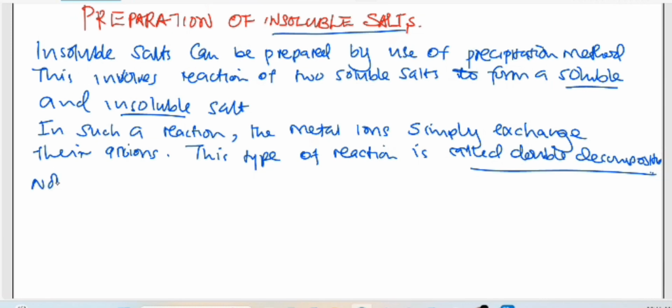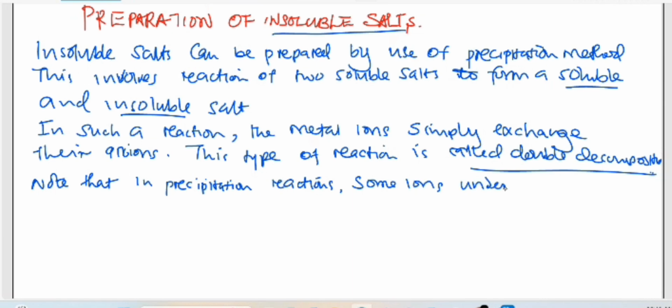So you need to note that in precipitation reactions, some ions undergo changes in their physical states.